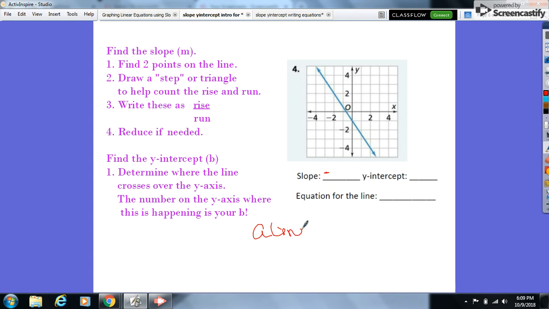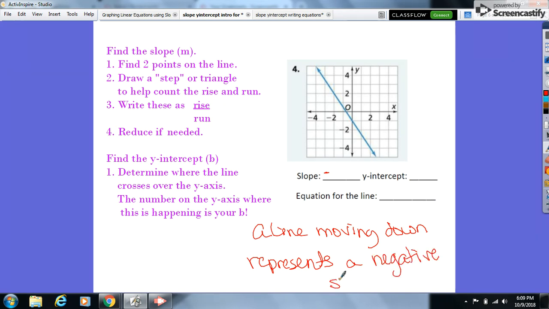So a line moving down represents a negative. A lot of people mess up here. Now, because that slope is negative, I'm going to go ahead and put my negative symbol on my slope.